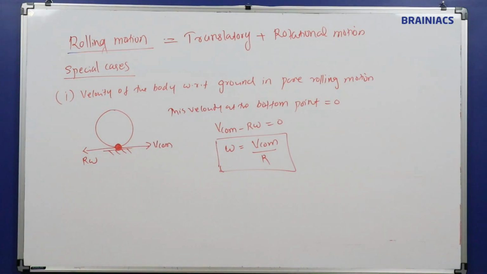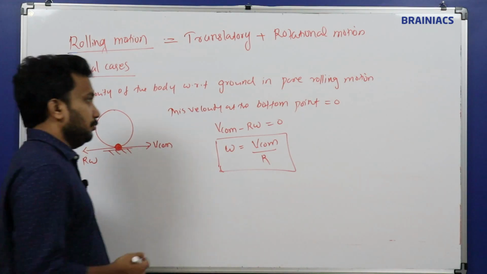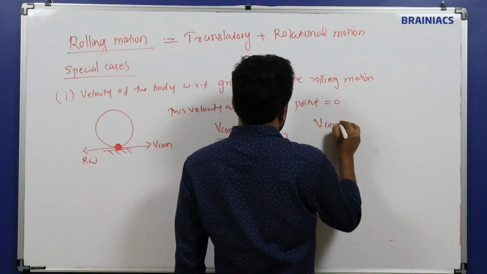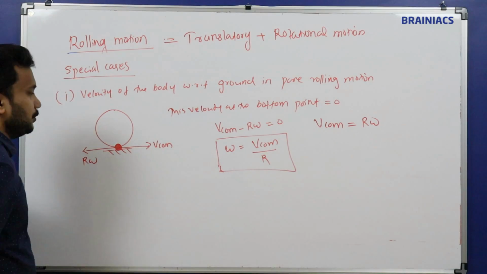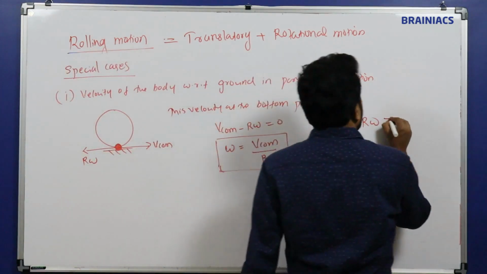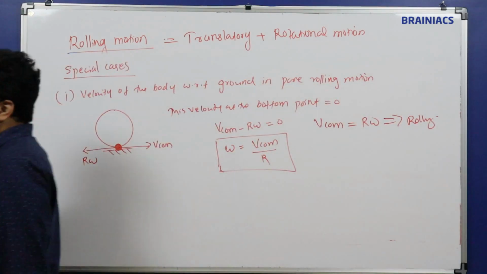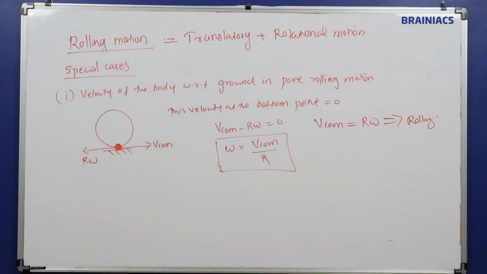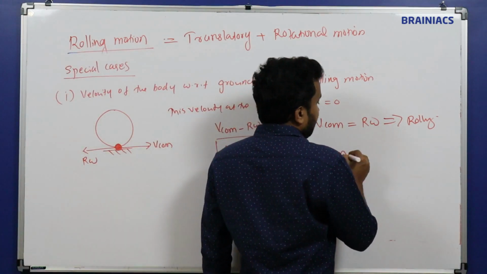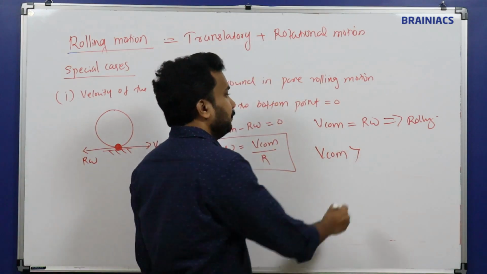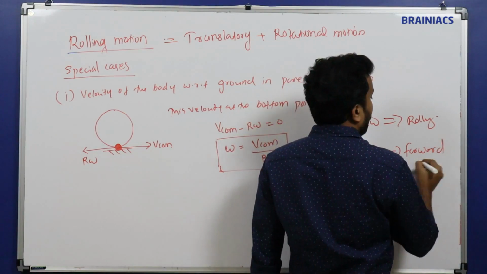From this we know vcom is equal to r omega. Both should be the same, only then rolling motion will happen. This is the condition for pure rolling motion. But there are some cases you can expect. For example, if vcom is greater than r omega, then it is forward slipping.